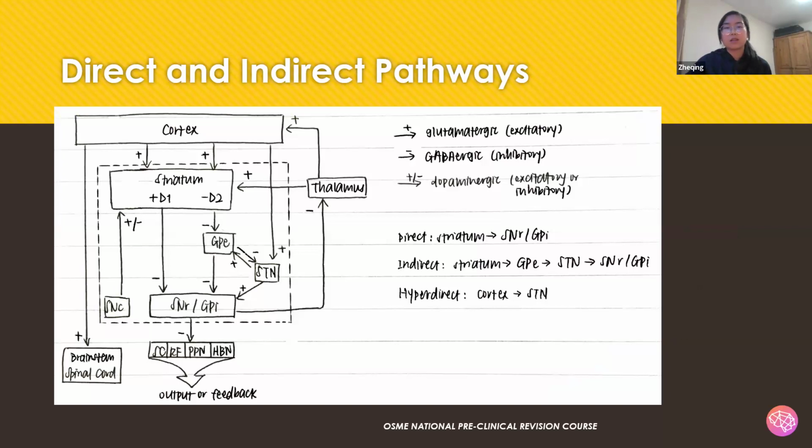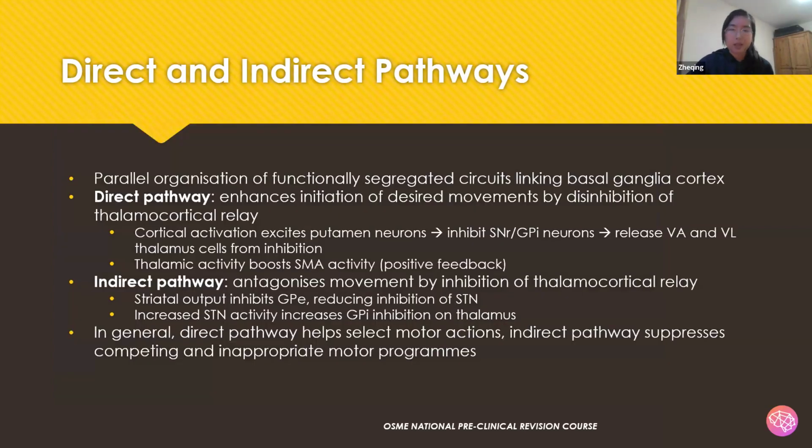The direct pathway is directly from the cortex to the putamen to the SNR and the globus pallidus internus, and then it helps to release the VA and VL thalamus from inhibition, and therefore it boosts the motor activity, it increases motor activity.